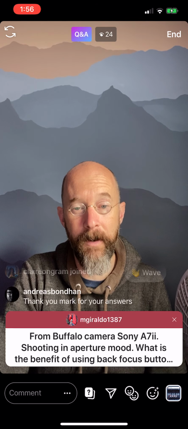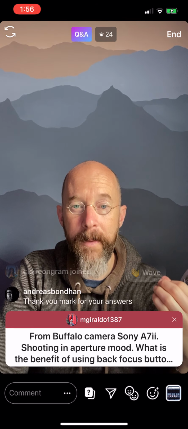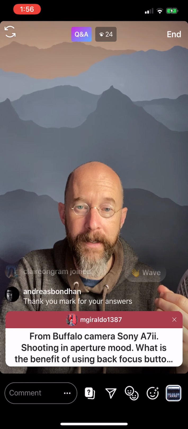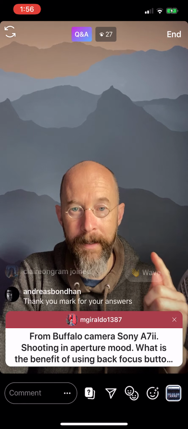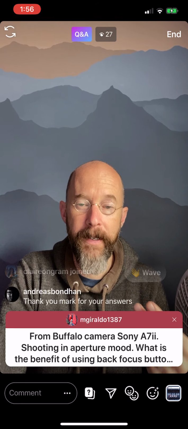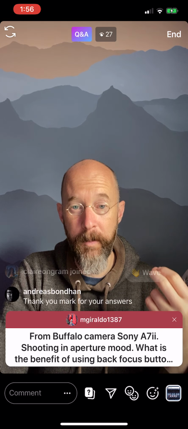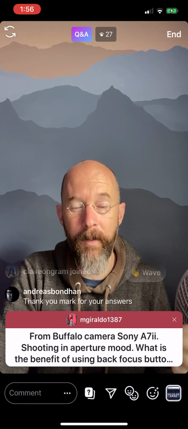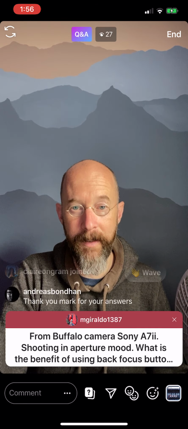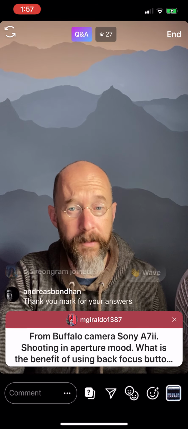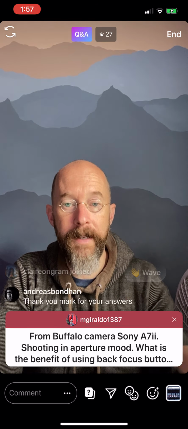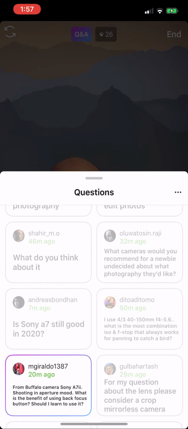I understand that. So that's why the back button autofocus, I think, was invented. Currently, one button serves two purposes. When we press the shutter button, we have the autofocus first, then we take the picture. So yeah, I do see how sports photographers would really love that. Definitely give it a try. Great question.